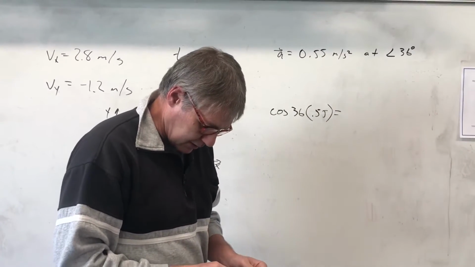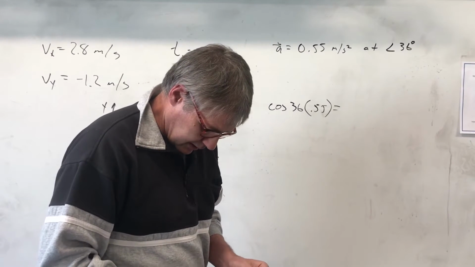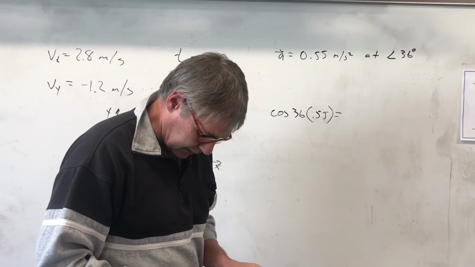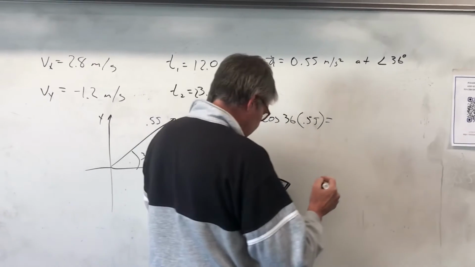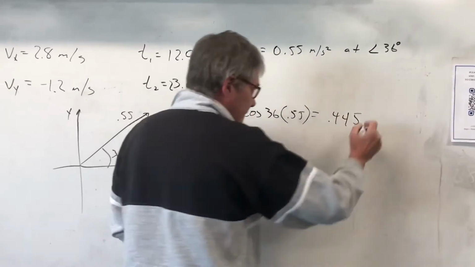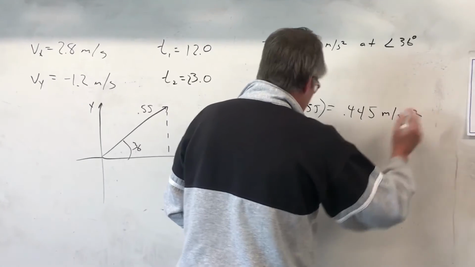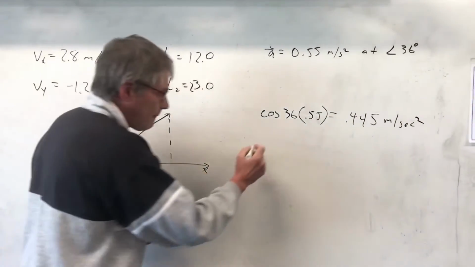If I do that, cosine 36 times 0.55 is 0.445. Okay. Now the y component will be the sine of that angle.